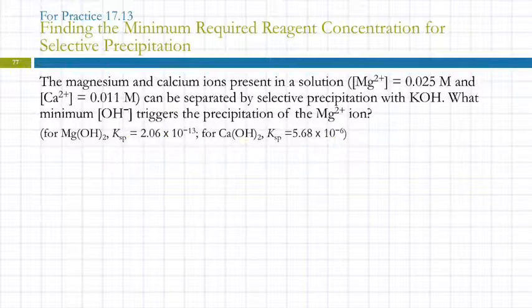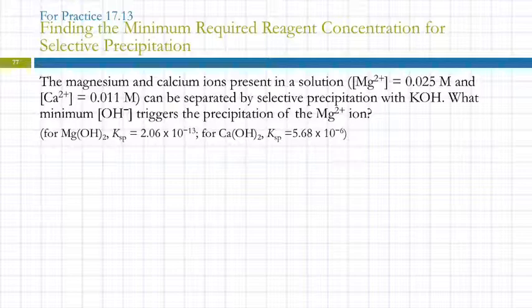So which of these is less soluble? The magnesium. Okay, it has a smaller KSP, it's less soluble. The magnesium is going to precipitate first. The calcium hydroxide, while some of it will precipitate, it's not going to be significant. We probably wouldn't be able to detect it, right?